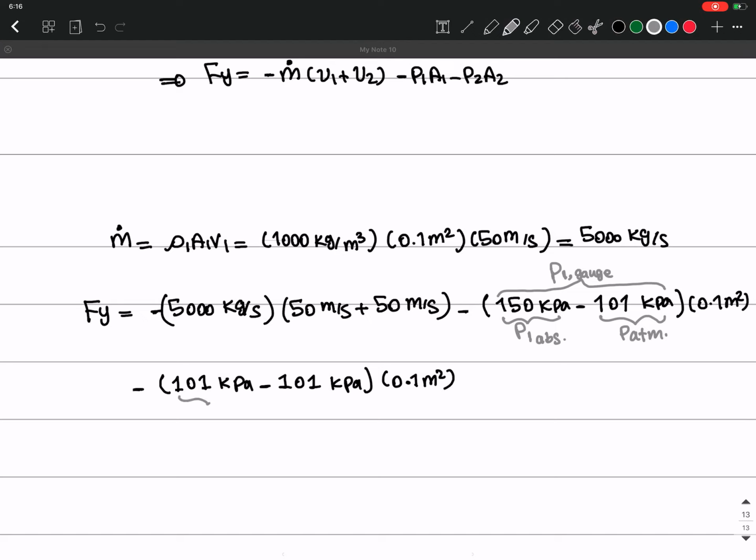So again, this is P2 absolute pressure, this is the atmospheric pressure, and the whole thing gives me P2 gauge pressure. And as you see, this is just 0.